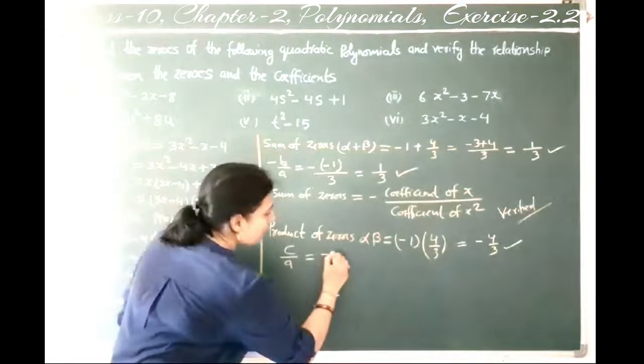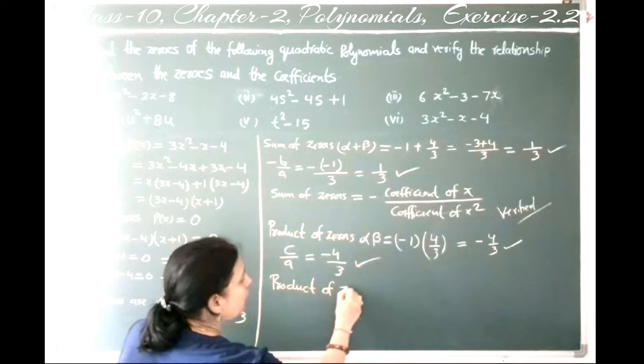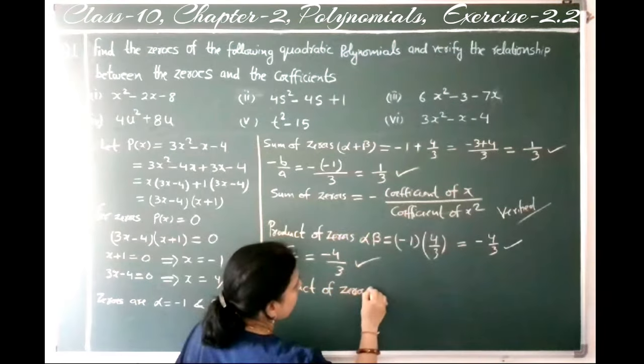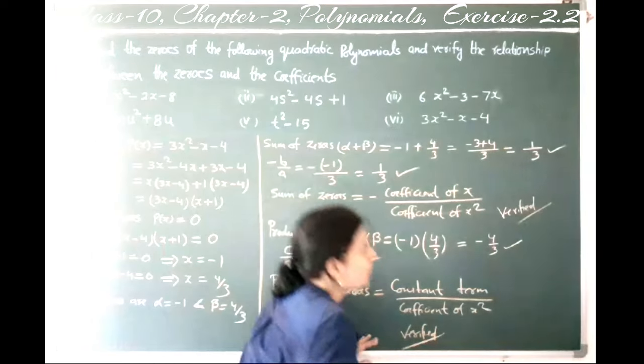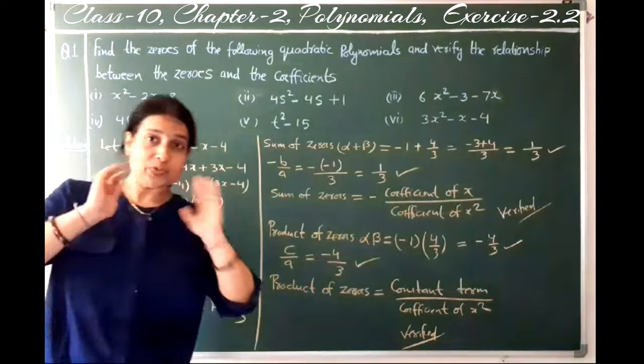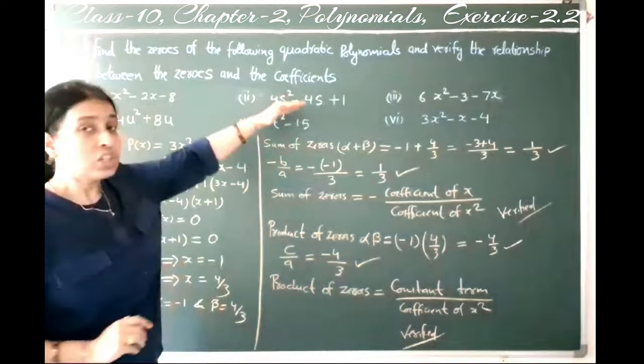So we can say that product of zeros is equal to constant term divided by coefficient of x square, and this is verified. So product of zeros is equal to constant term divided by coefficient of x square. This is verified. So I hope you understood this question very well.